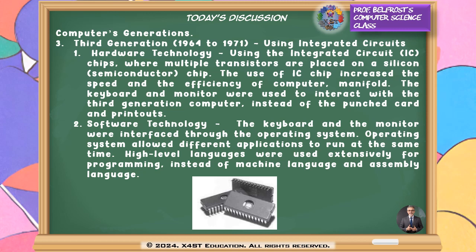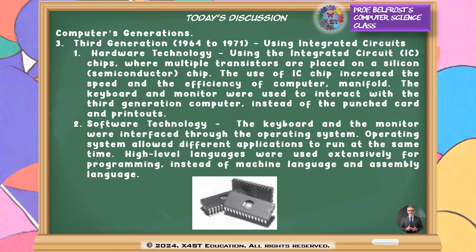And then the third generation, we use integrated circuits, as the picture shown in the slide. Actually, it is just a chip that consists of multiple transistors placed on a silicon chip. Silicon is a kind of semiconductor. I think I will explain that in robotics class.